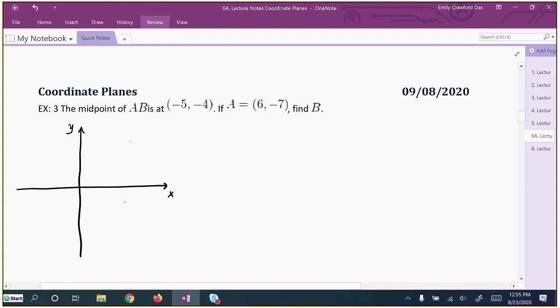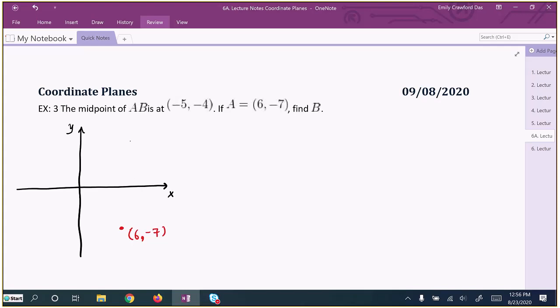So 6 and -7. It doesn't have to be a perfect sketch, but let's say 6 and -7. So this is A, and the midpoint of the segment AB is (-5, -4).